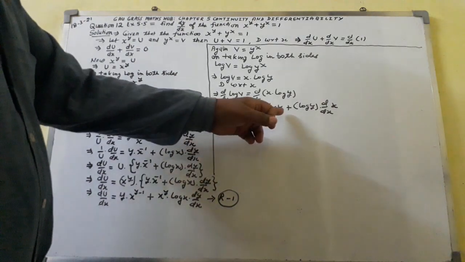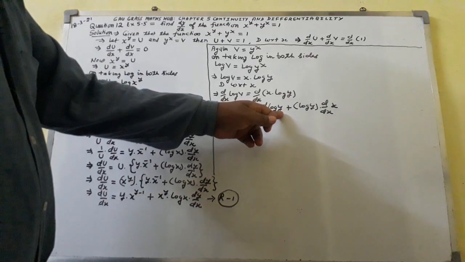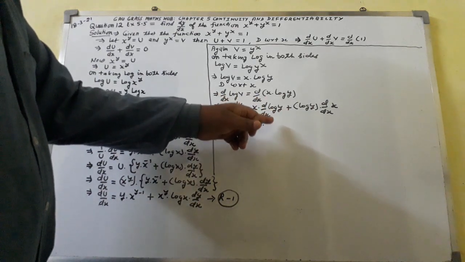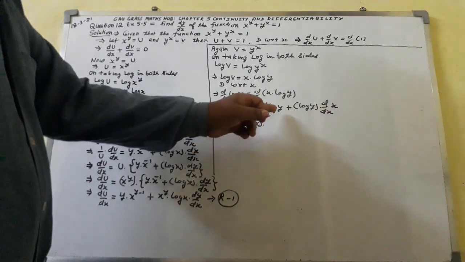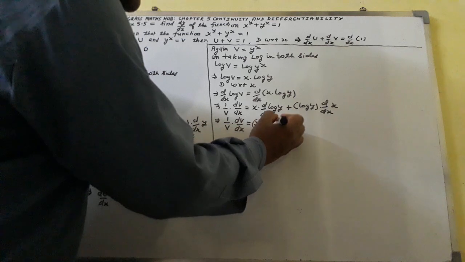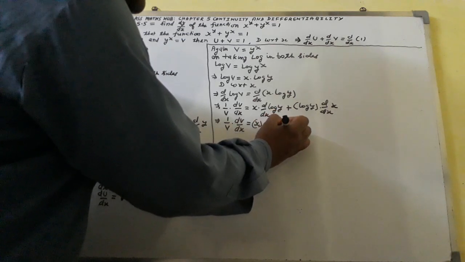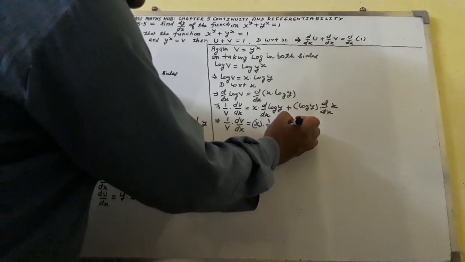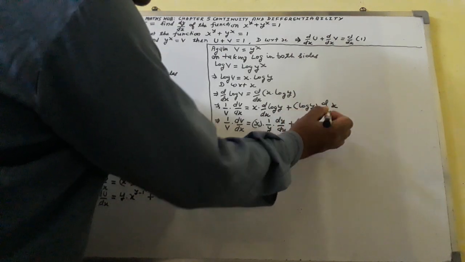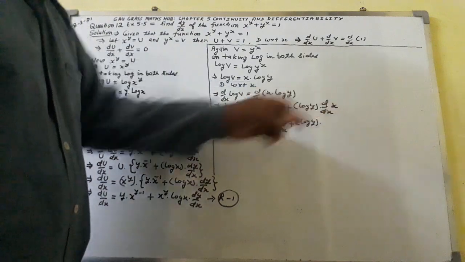And for timing, in place of y, I shall write x. d over dx of log x comes out to be 1 over x. In place of x, I shall write here y. So it will become 1 over y dot dy over dx plus log y dot here d over dx of x comes out to be 1.